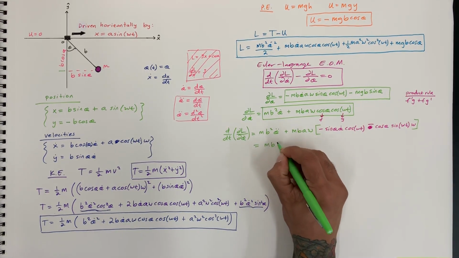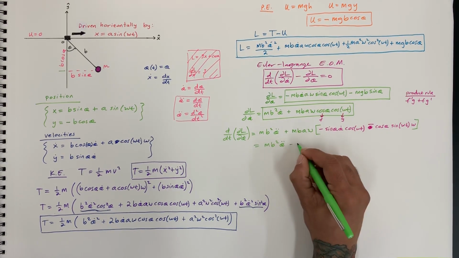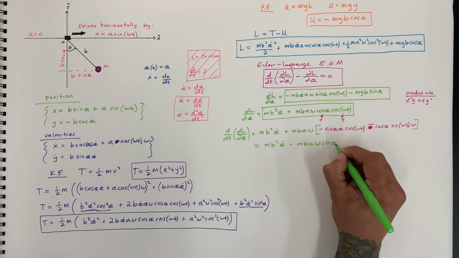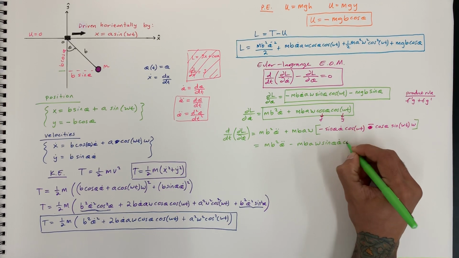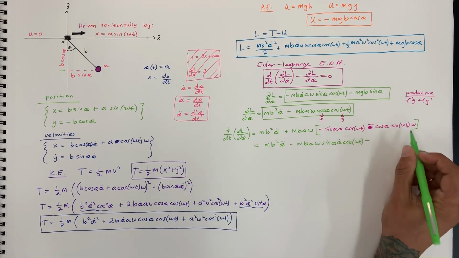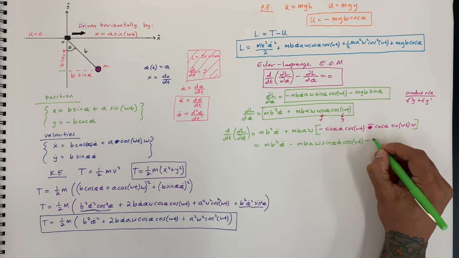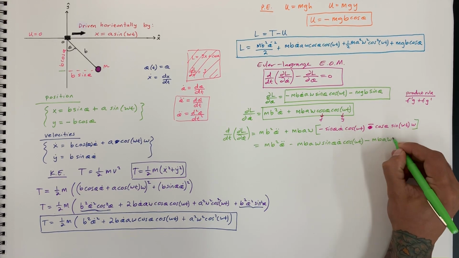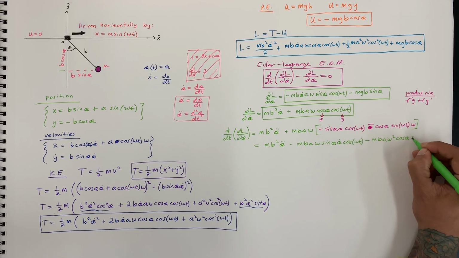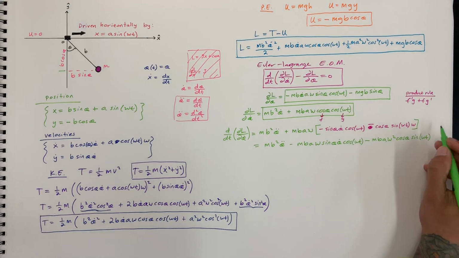We have m b squared theta double dot minus m b a omega sine theta, theta dot cosine omega t, and again minus, we have omega and omega, so we got m b a omega squared cosine theta sine of omega t, and that's it.